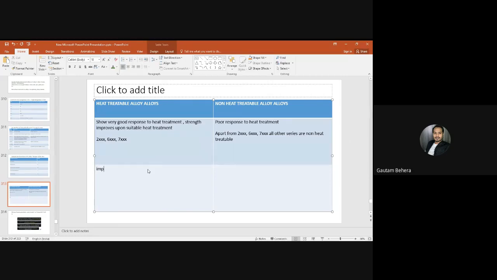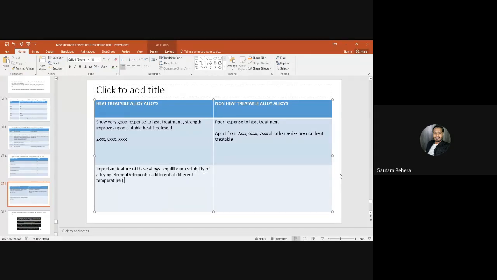The important feature of these alloys, what is the most important feature? That is precipitation hardening. How precipitation hardening comes into the picture, that is important actually. So I can write, equilibrium solubility of alloying element or elements is different at different temperatures.